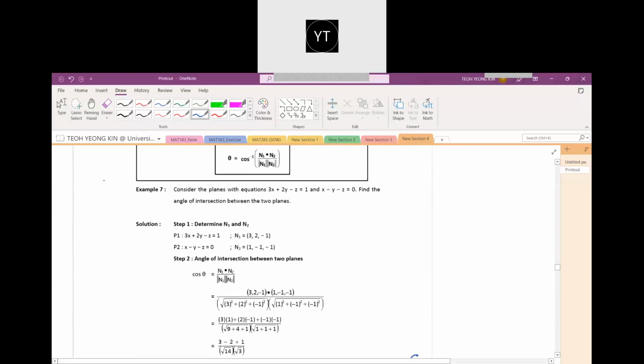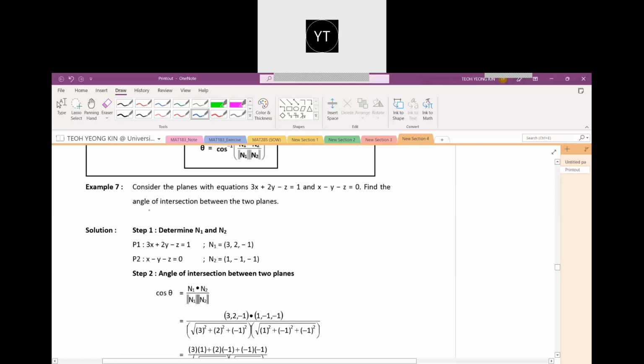If you look at this example 7, these are the equations of the two planes given. Now we want to find the angle of intersection. N1 and N2 are the coefficients of x, y, and z. You can see N1 is 3, 2, and -1. Our N2 is 1, -1, and -1.